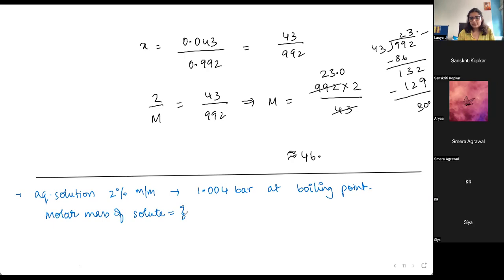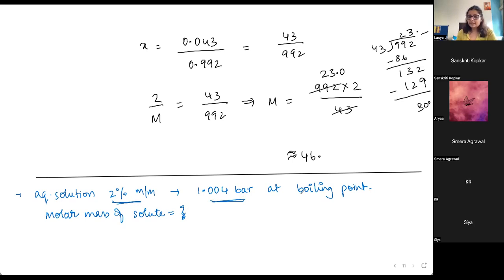Okay, so it's a solution and they specifically mentioned vapor pressure. Okay, guys, are you following? Are you listening? Should I continue? Yeah. All right. So interpret the question: we have a solution at this much concentration, and they specifically gave the vapor pressure and asked for the molar mass of the solute.